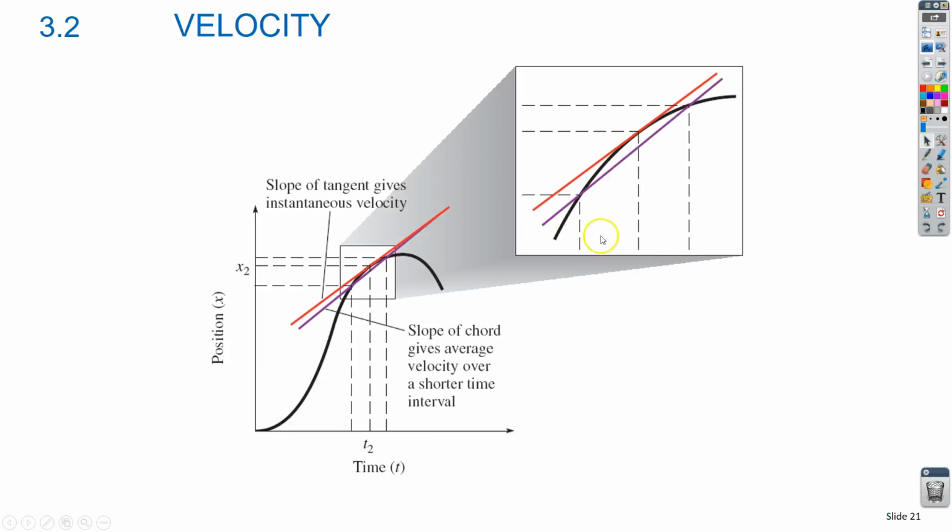If I then move that until I have a tangent line, remember that is instantaneous velocity. So the slope of the chord gives average velocity, and the slope of the tangent line then will give instantaneous velocity. So this one is instantaneous velocity, this one is that average velocity. And those are the two things that you see.